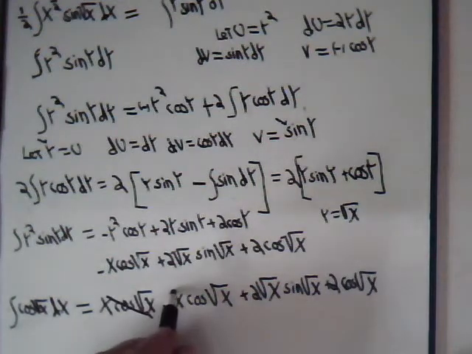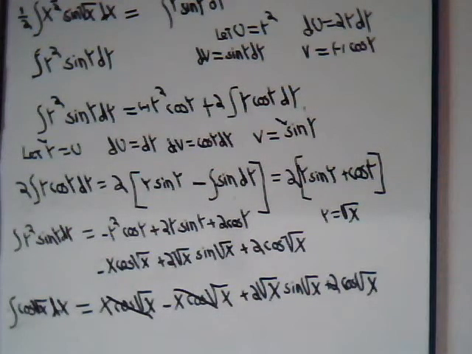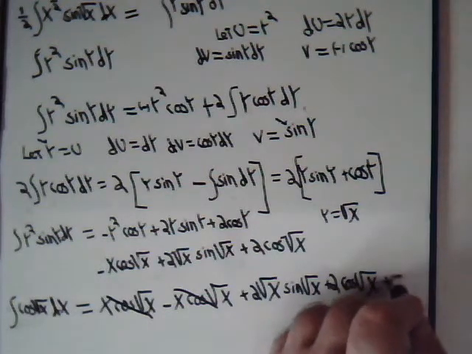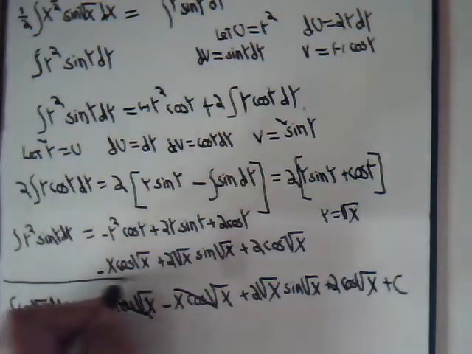It looks like these are going to cancel. So we're left with 2 times the square root of x times the sine of the square root of x plus 2 times the cosine of the square root of x plus an arbitrary constant.